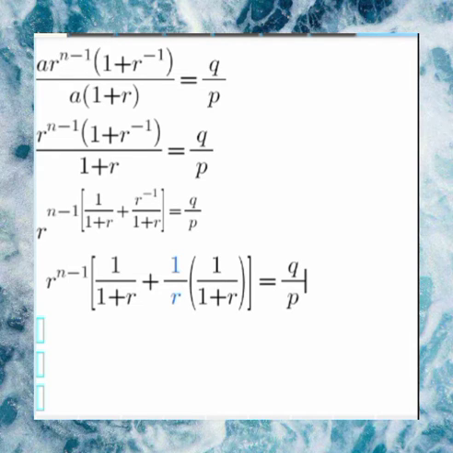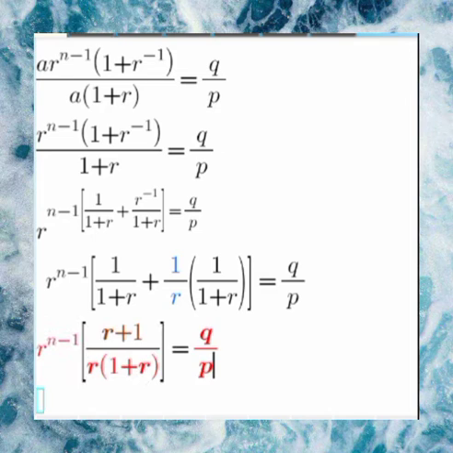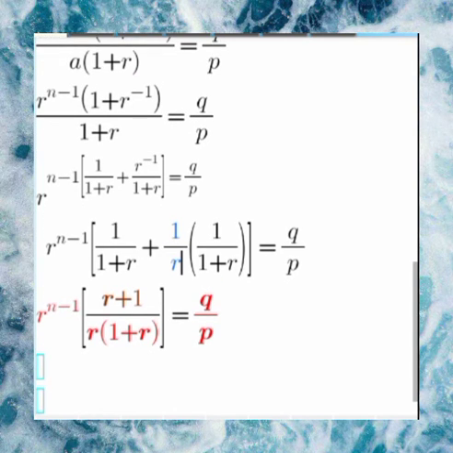So what I'm going to do is to take the LCM of this here. So I'm going to have r raised to power n minus 1. What I did was to find the LCM of 1 plus r and r, which is r into 1 plus r. So definitely the LCM is going to be r into 1 plus r.